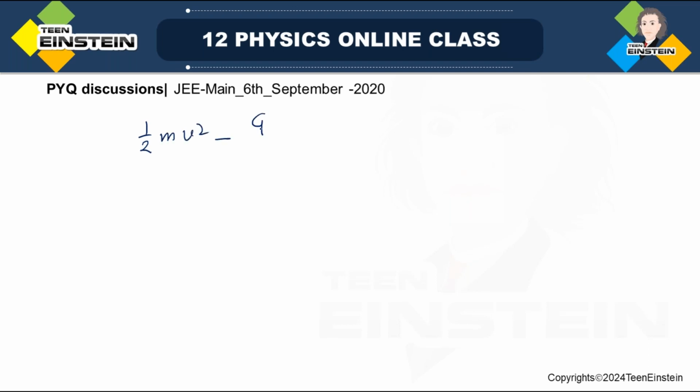I have got potential energy due to the bigger mass when it was on the surface, and potential energy due to the smaller planet up to 8A distance.